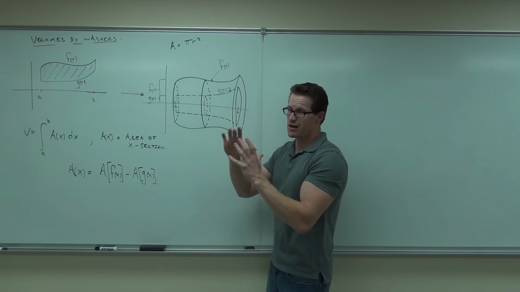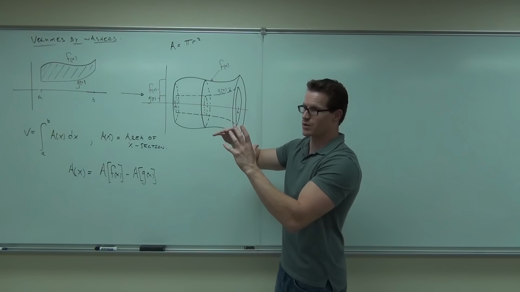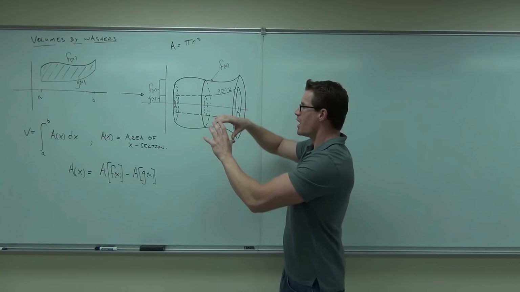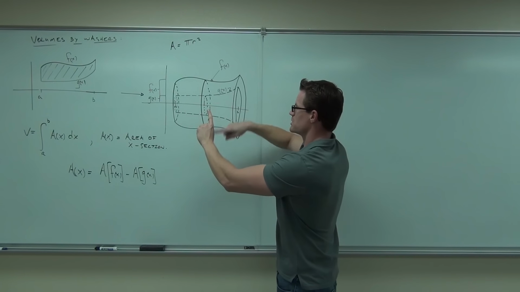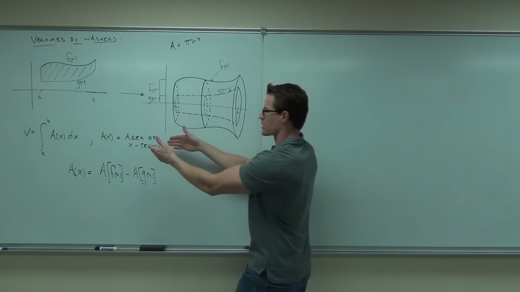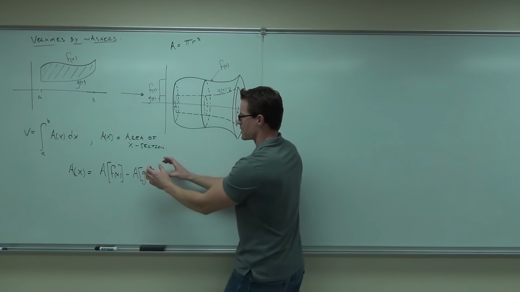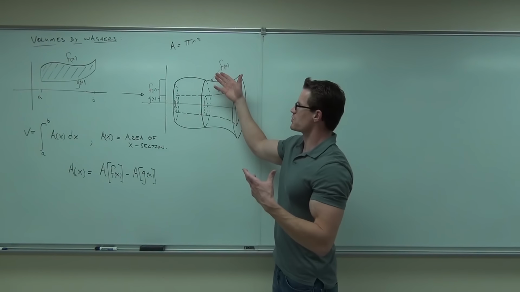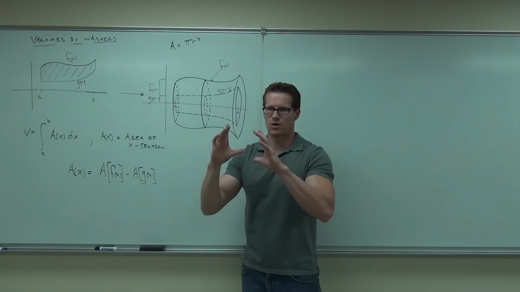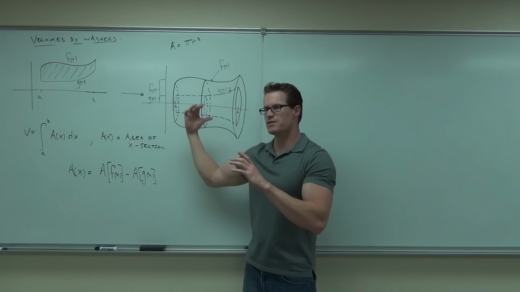The surface area of the disc, well, I should say washer in this case because we're going to make that transition, of the washer is the f of x circle minus the g of x circle. That's what we're talking about here. The area of the f of x minus the area of the g of x. Well, we know area is pi r squared. Our r in any case of these cross sections is f of x or g of x respectively.